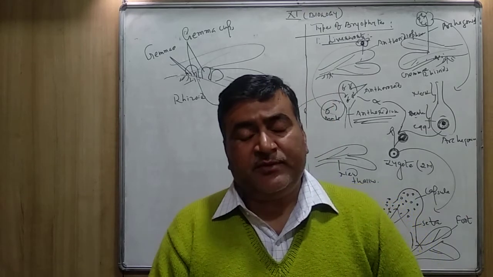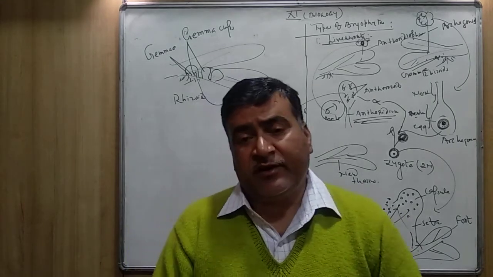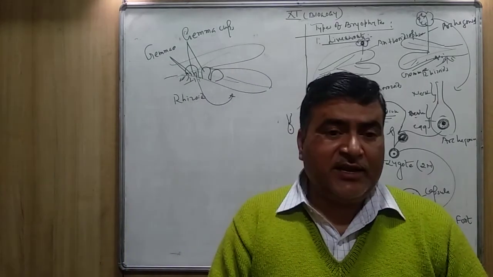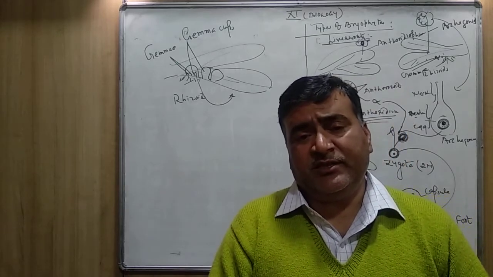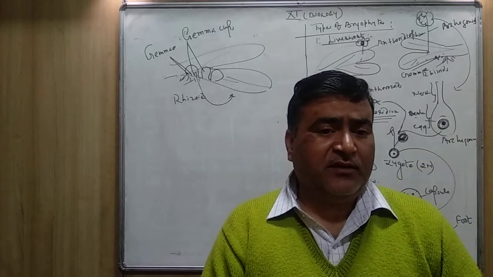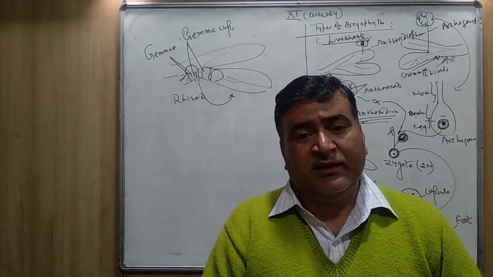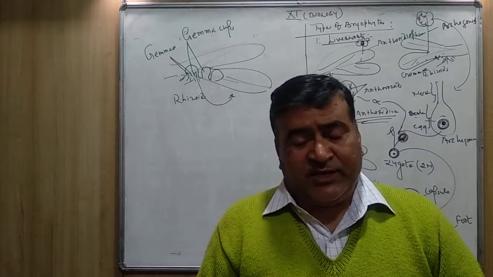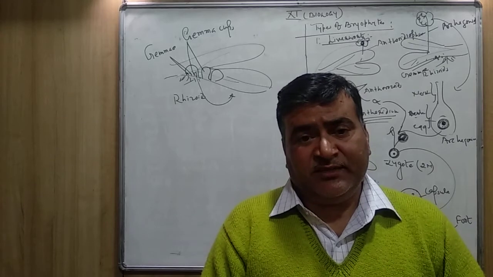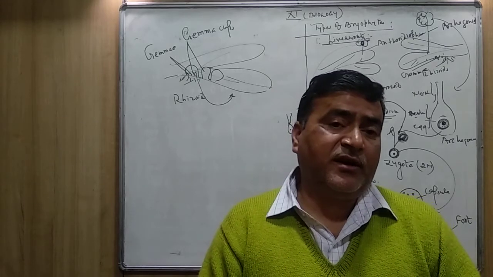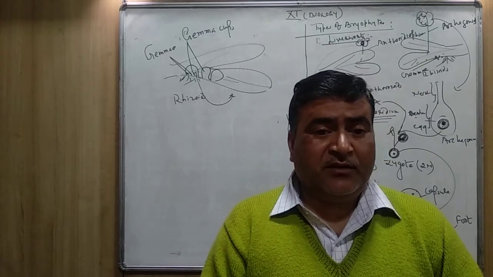And here, especially in Marchantia, which is a type of liverwort, the thallus is monoecious as well as dioecious. In some species of Marchantia the thallus is monoecious, but in some cases it is dioecious. In monoecious thallus, the male and female sex organs are both found on the same thallus.